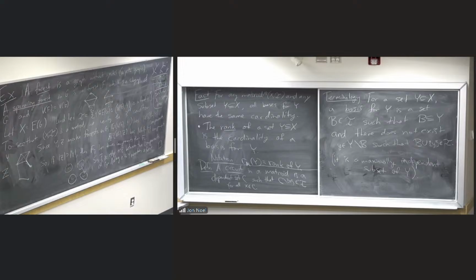Because to make it dependent, it has to not be a forest. So it has to have a cycle to be dependent. But if it has a cycle plus other stuff, I could just delete some of the other stuff and it would still have a cycle. So basically, the circuits are the cycles.